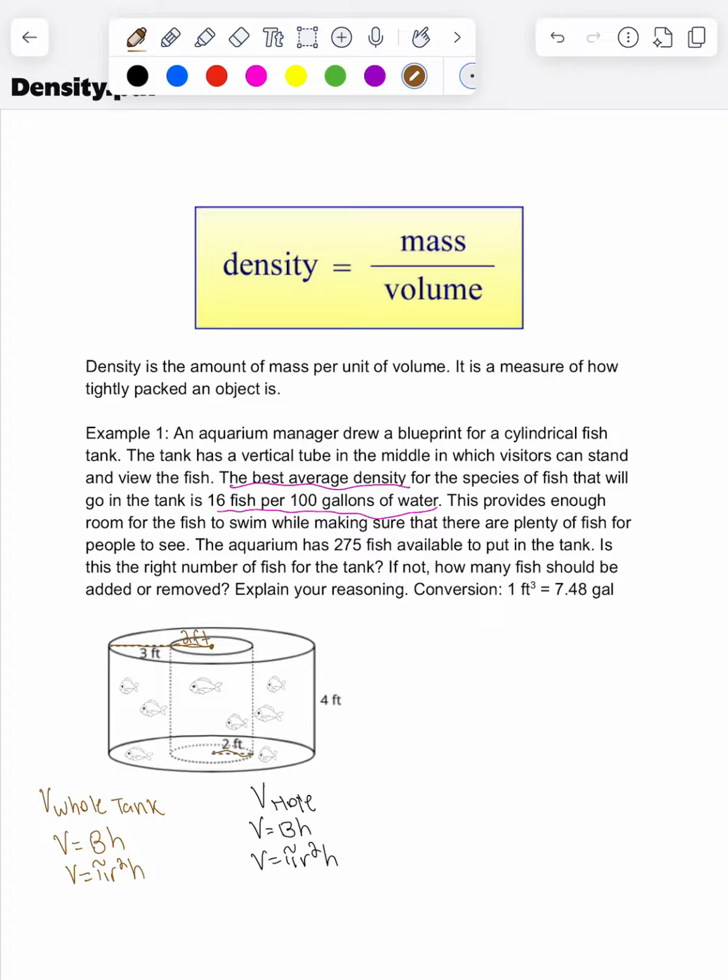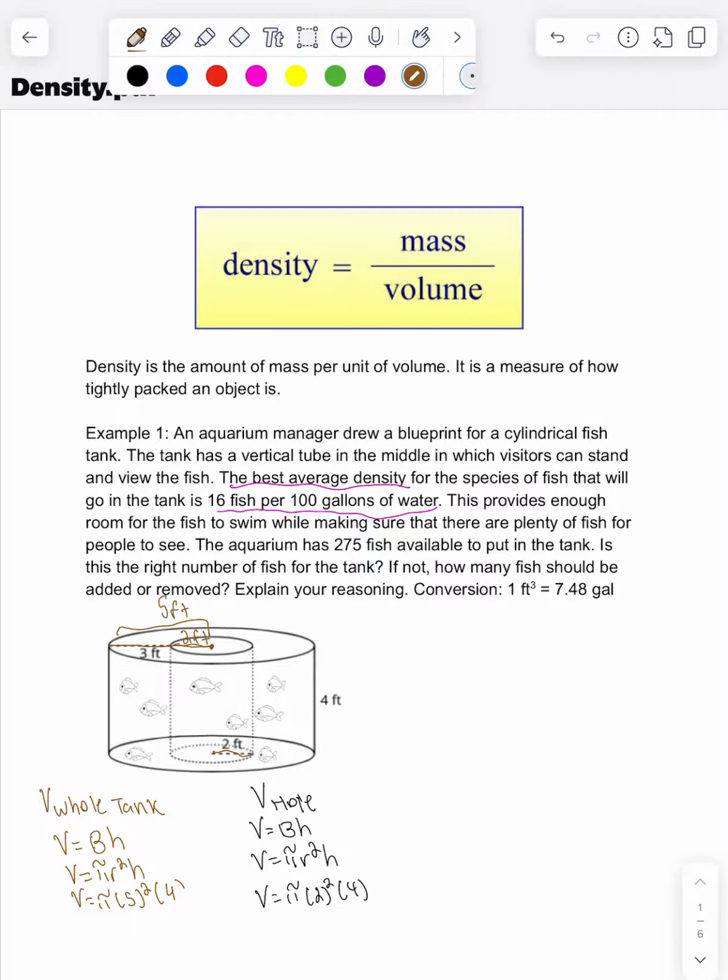So in total, that is a radius of 5 feet. And the fish tank has a height of 4 feet. For the hole, the radius of the hole is 2 feet, and the height is once again 4 feet.